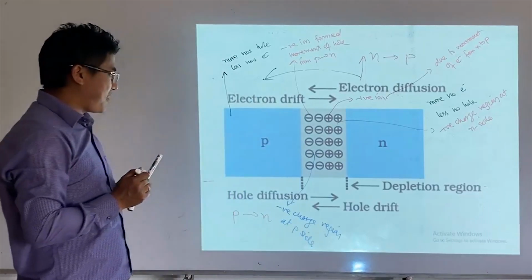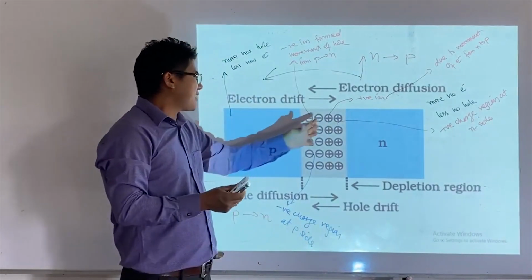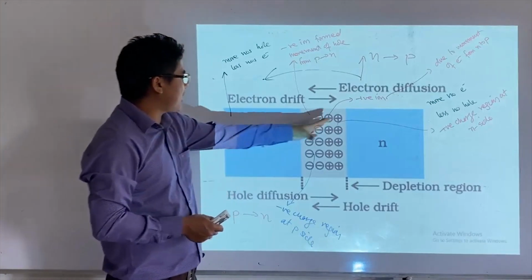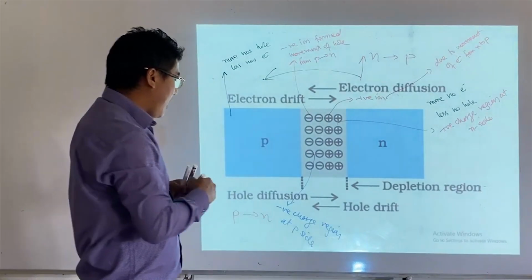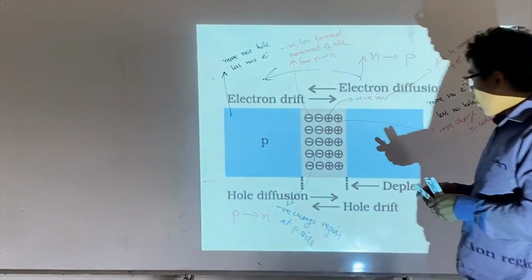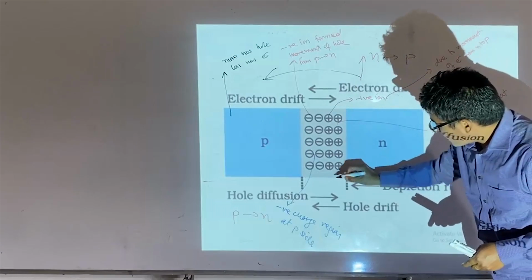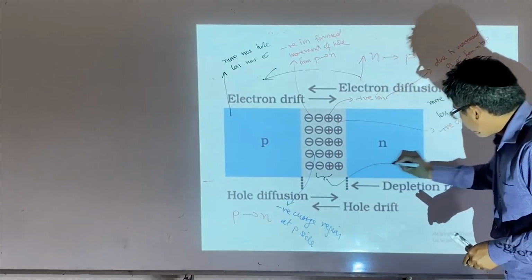This is very, very important, and these charges are fixed. They are immovable charges. Because of this, an electric field is created.